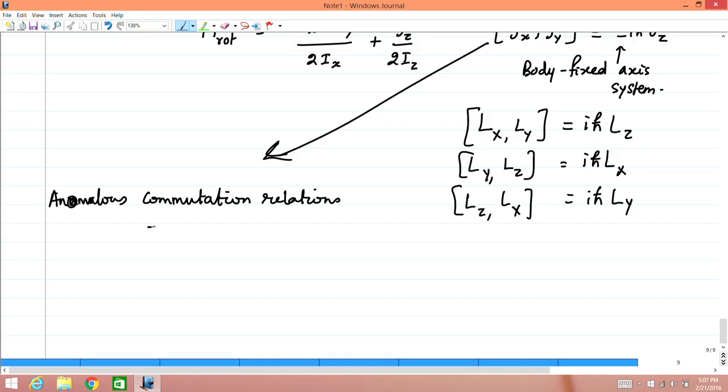And what they have is j alpha, j beta equal to minus I h bar epsilon alpha beta gamma j gamma, using a specific notation called a third rank tensor notation. If you do not know about this, do not worry.